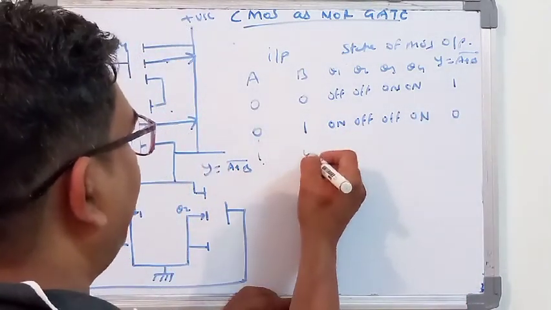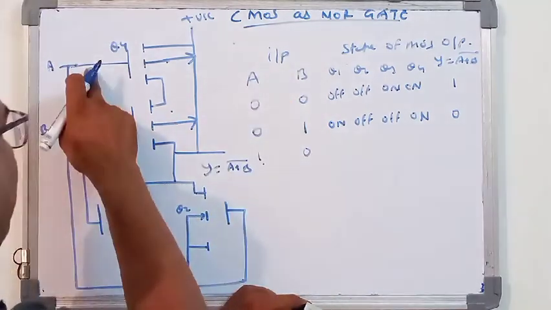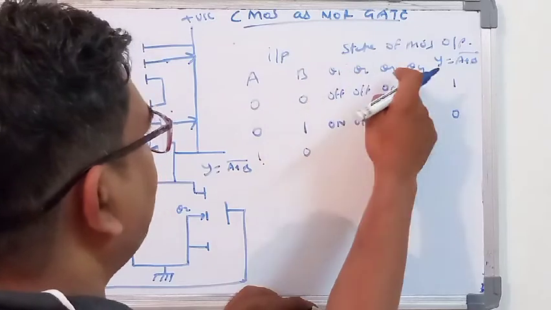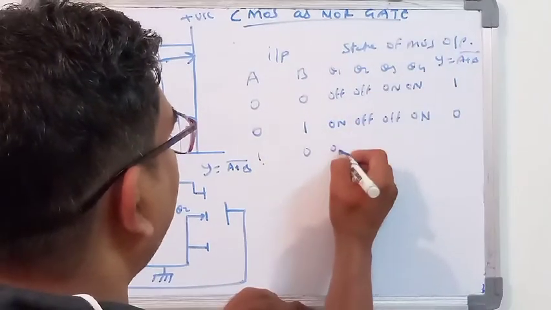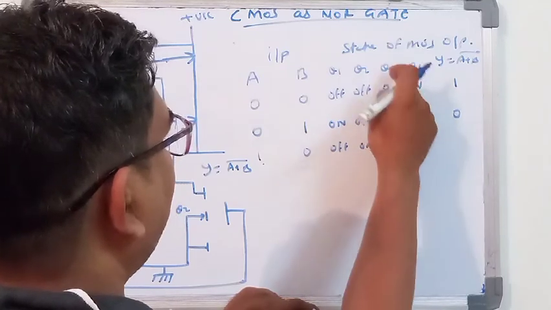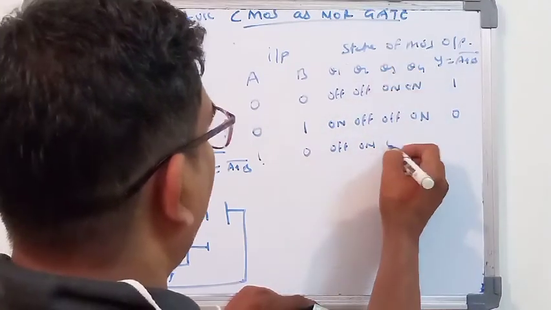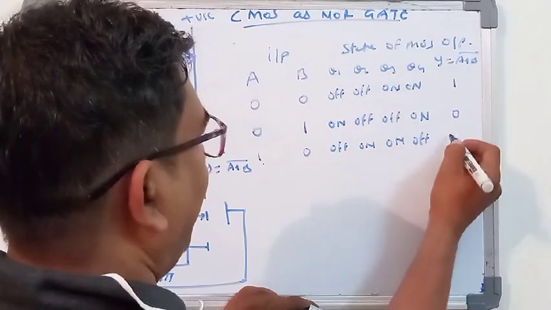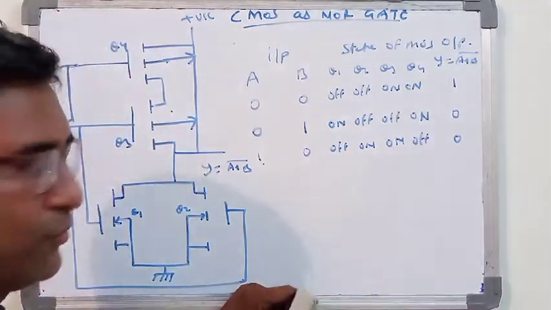If A value is 1 and B value is 0, for Q1, Q2, Q3 and Q4, Q1 will be in an off condition, Q2 is in an on condition, Q3 will be in an on condition and Q4 will be in an off condition, and the output will be 0.